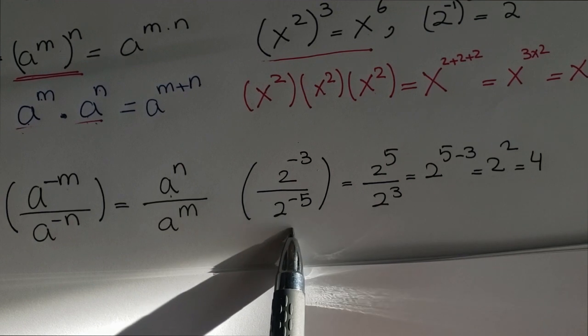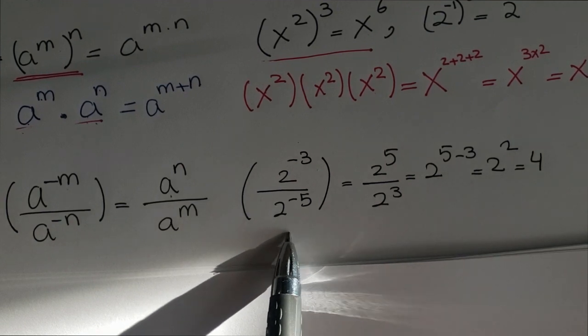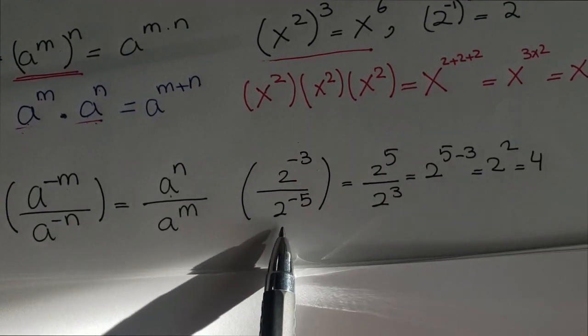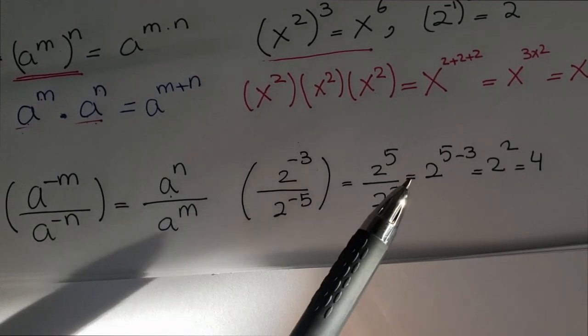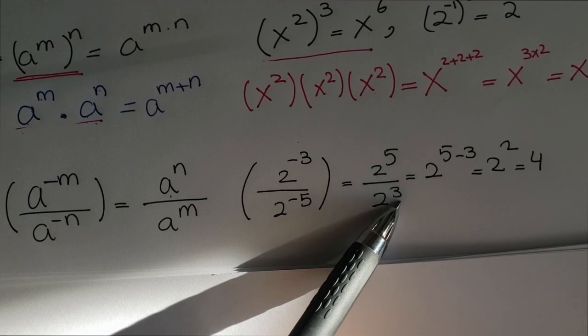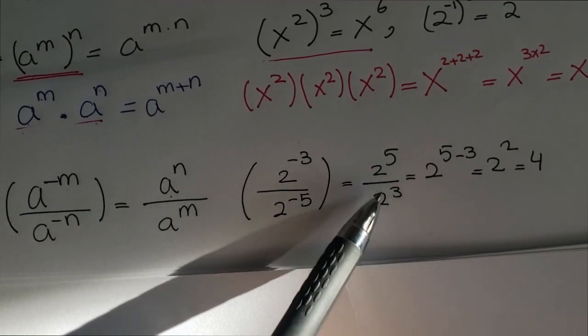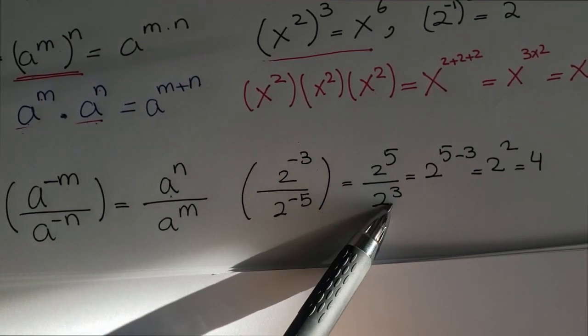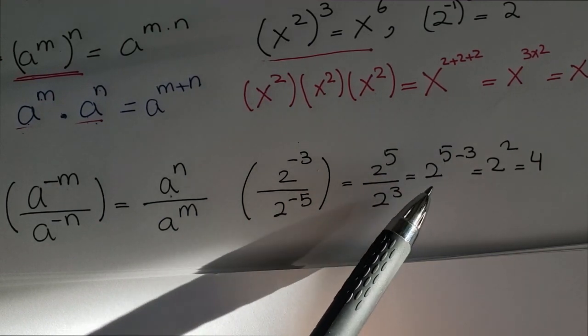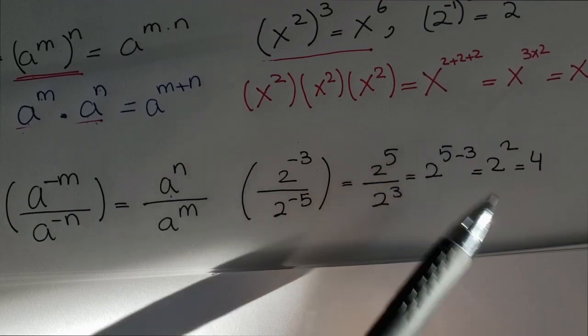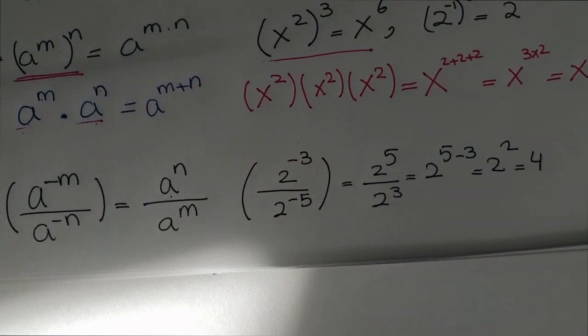So an example would be this one, 2 to the power negative 3 divided by 2 to the power negative 5. So it would be 2 to the power 5 divided by 2 to the power 3. And as you can see, they are same bases division. So I just write the base and subtract the exponents, and it turns out to 2 to the power 2, which is equal to 4.